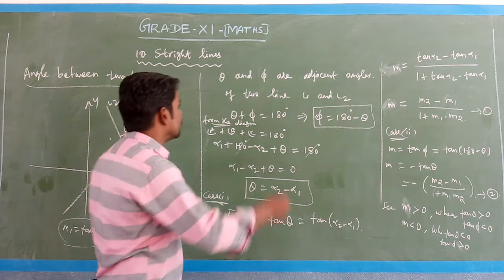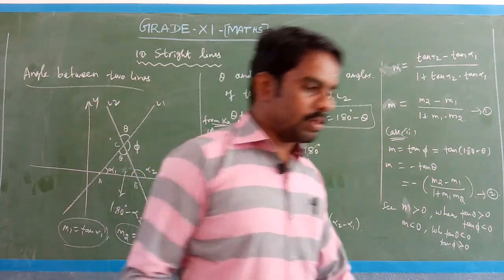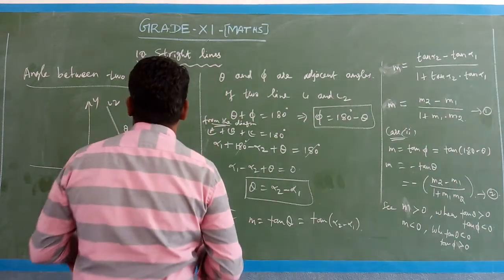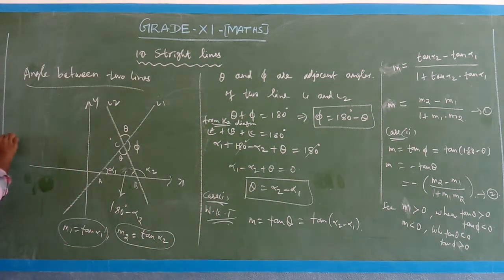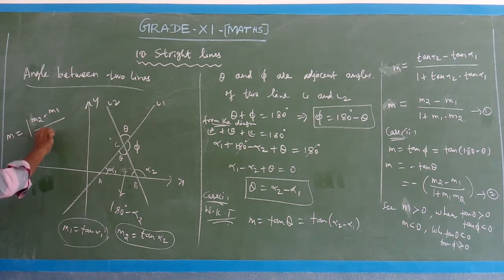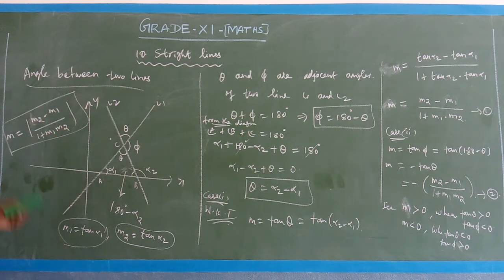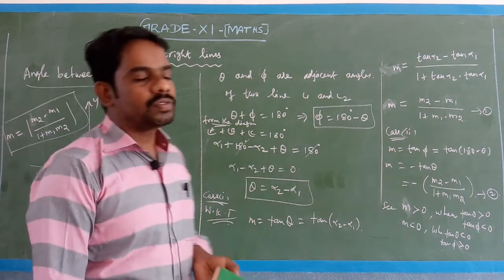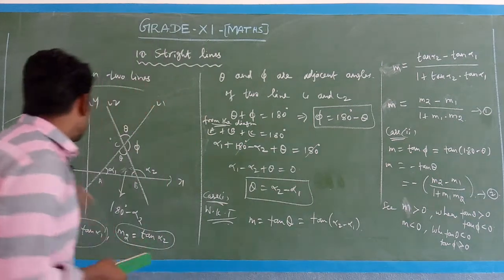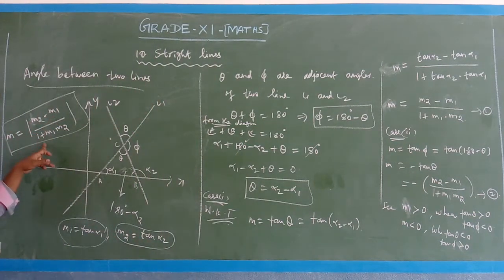Therefore the angle between the two lines is m equal to modulus of m2 minus m1 divided by 1 plus m1 m2, when theta is acute.